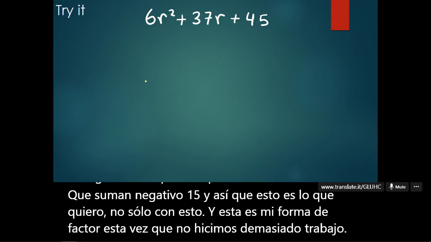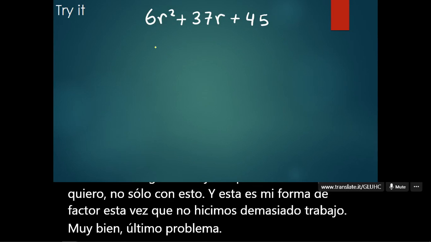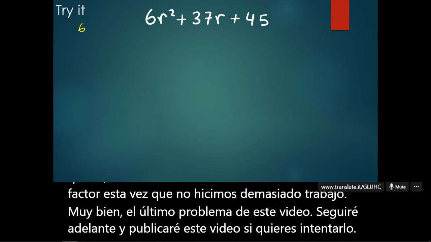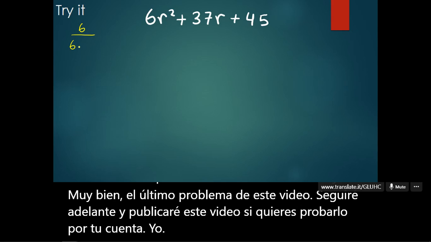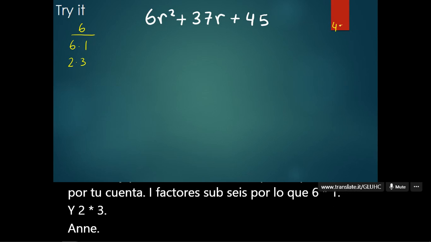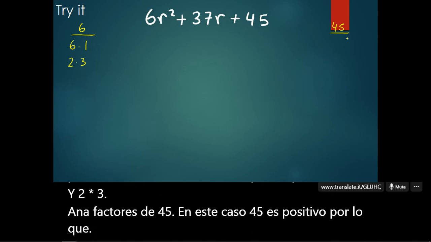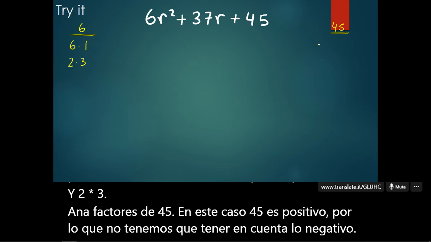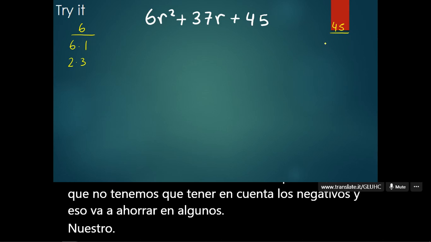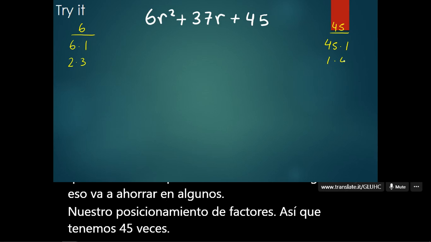All right, last problem of this video. Go ahead and pause this video if you want to try it on your own. I have factors of 6, so 6 times 1 and 2 times 3. And factors of 45. In this case, 45 is positive, so we don't have to take into account the negatives, and that's going to save some positioning for factors. So we have 45 times 1 and 1 times 45.